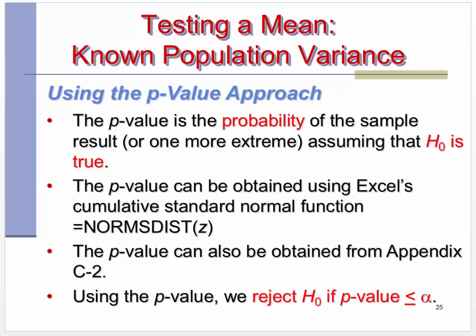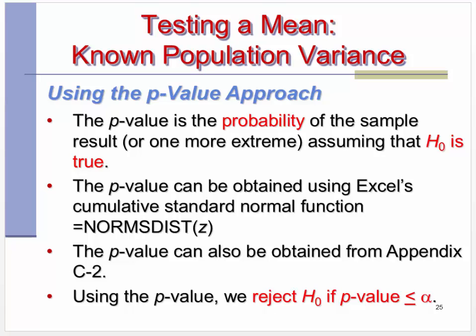Okay. In the real world, we actually use the p-value approach more often. The p-value, or probability value, is the probability of the sample results or more extreme, assuming that the null is true. Right?